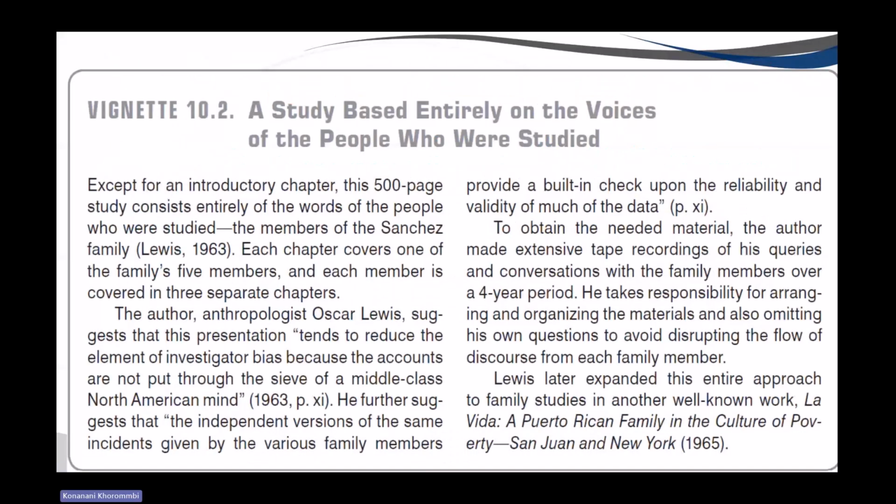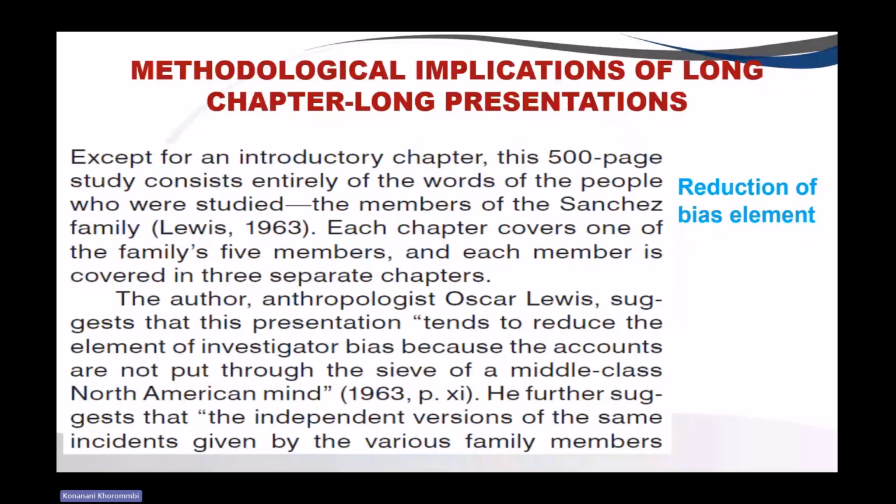Here, this is a study based entirely on the voices of the people who were studied. So we're not going to go into that one, but I'm going to read this part because there is reference to the reduction of bias.